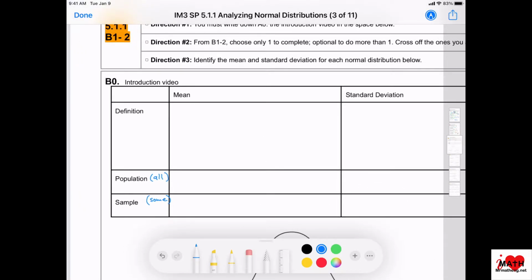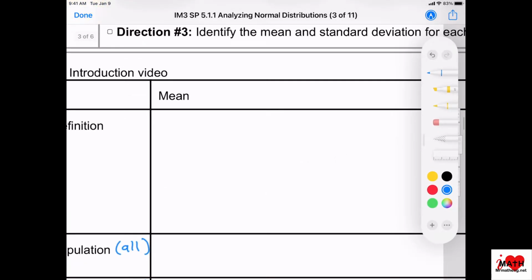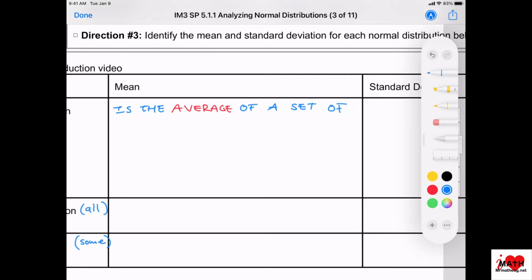Let's talk about some other definitions here. We have something called the mean. And the mean is the average, and we change colors there. It's a big word. That's a simpler word, the average of a set of data. It's basically you're taking the sum of the data, and that's a symbol of sigma, the backwards E, it's a Greek letter.